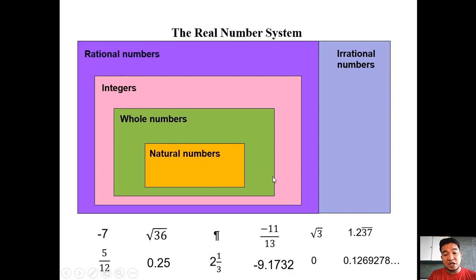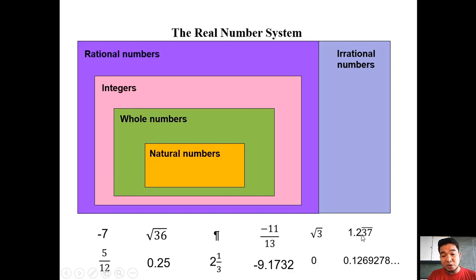So that's a rational number. Square root of 3 is non-terminating and non-repeating. So that's an irrational number. How about 0? 0 is a whole number, an integer, and a rational number.